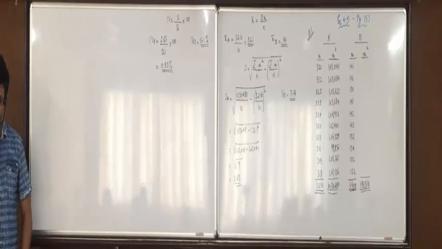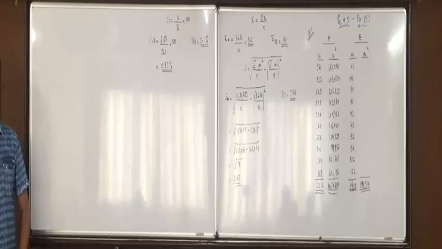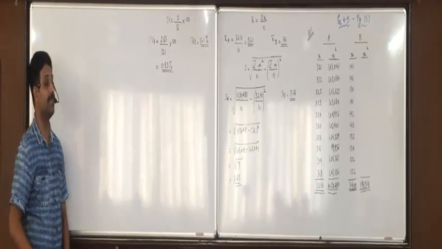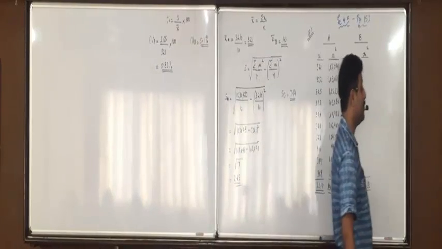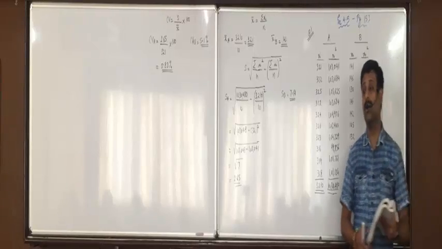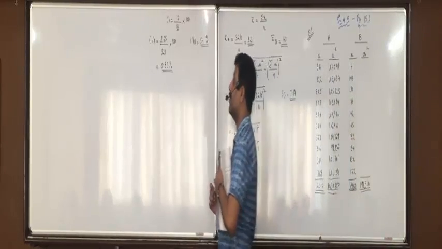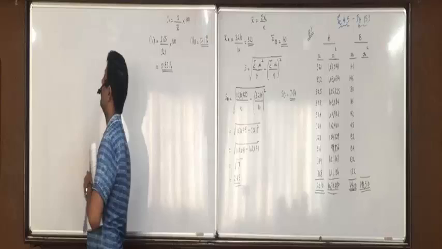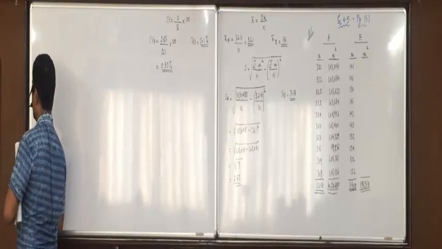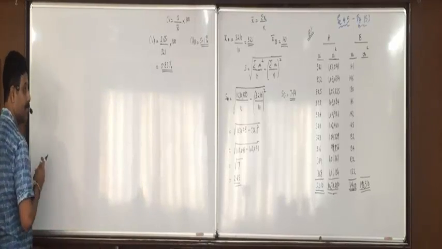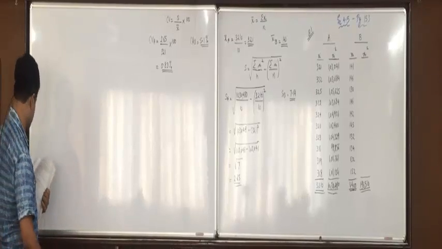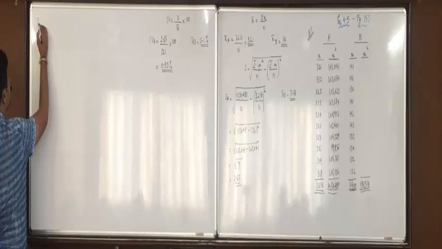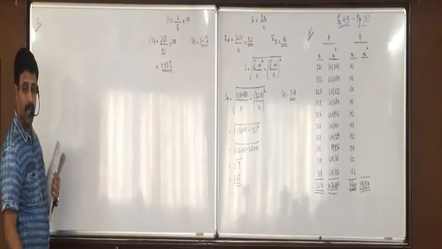So write on this: thus the shares of company B have more variation because its CV is more. Okay?